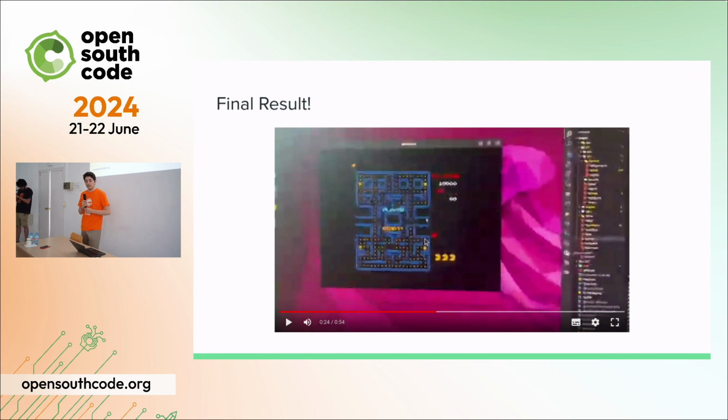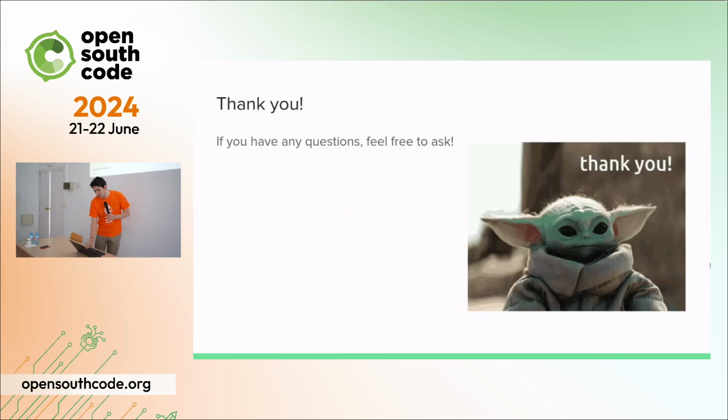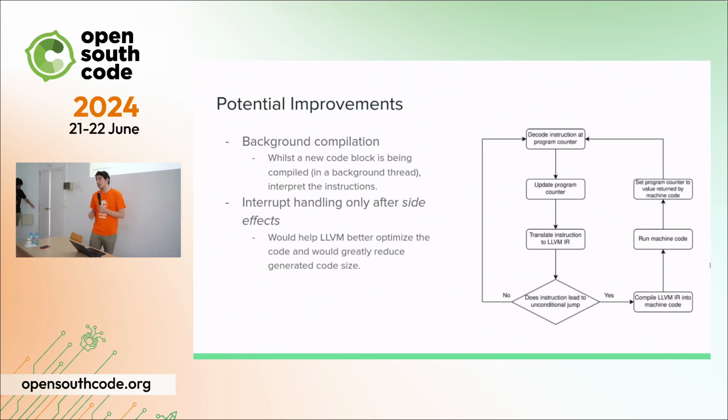So the main solution to this would have been, instead of pausing execution of the program and translating, to send a message to a worker thread to say, hey, translate these instructions for me, and whenever you're done, tell me.